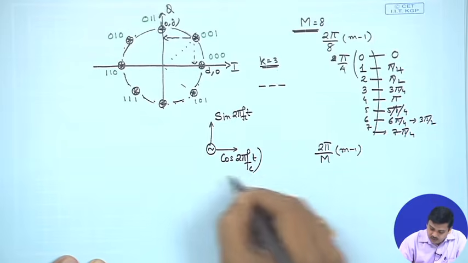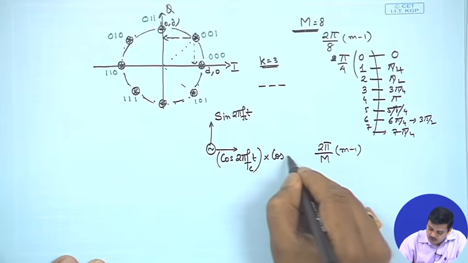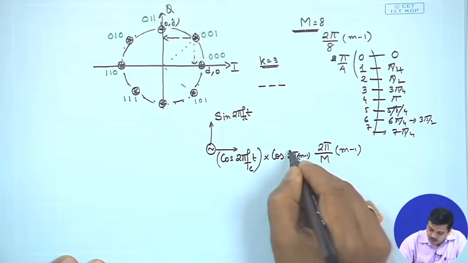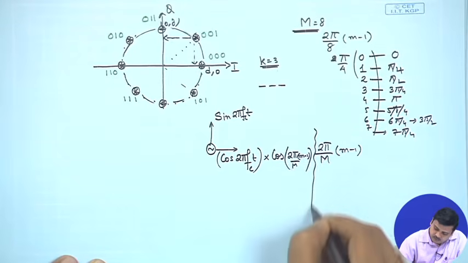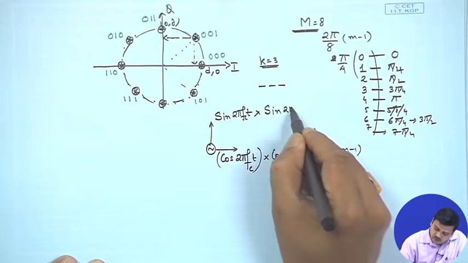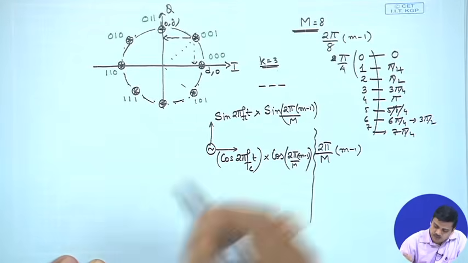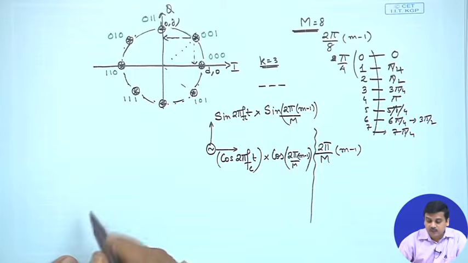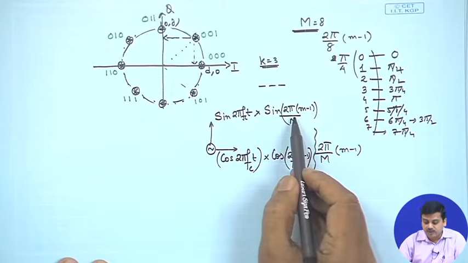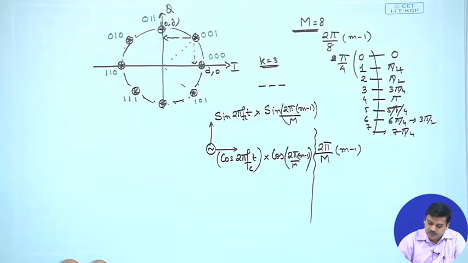On the first you can think of doing an amplitude modulation with cos 2 pi (m minus 1) upon capital M, and on the other an amplitude modulation with sine 2 pi (m minus 1) upon capital M. So, there is a pulse amplitude modulation going on on two different carriers, which can generate this particular signal space.